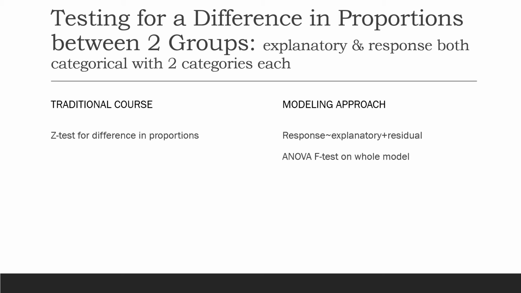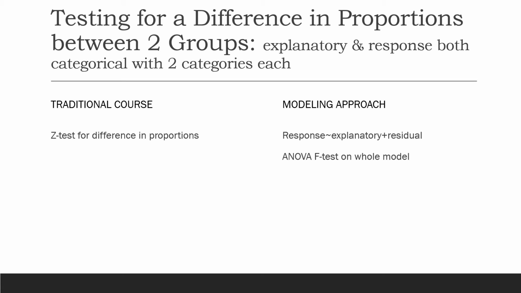And finally, if we were testing for a difference in proportions between 2 groups, so here we'd have explanatory and response variables that are both categorical with 2 categories each. In a traditional course, we'd do a z-test for a difference in proportions, or potentially a chi-square test for association between the variables.